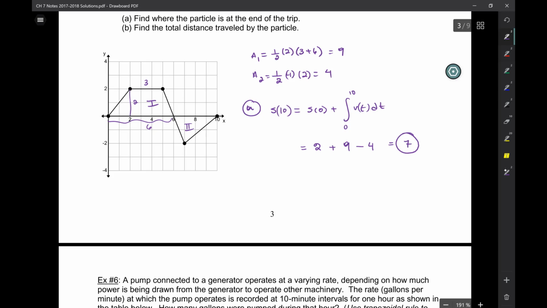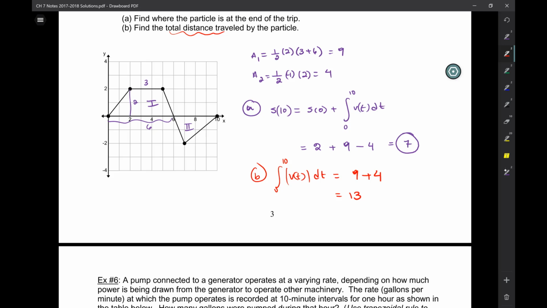Now, the total distance traveled is the integral from 0 to 10 of v of t dt in absolute value. That means it's just 9 plus 4. Okay? No negatives. 13. He's just walking. We don't care in what direction.